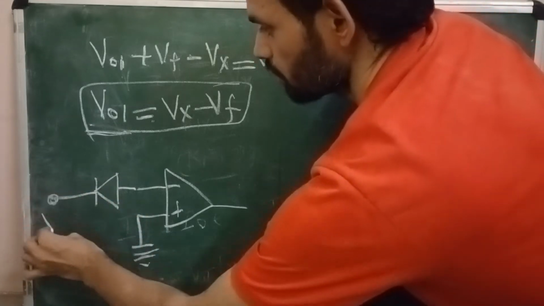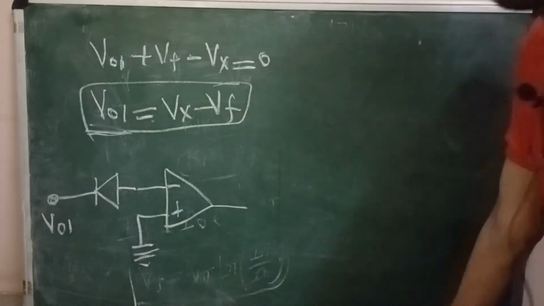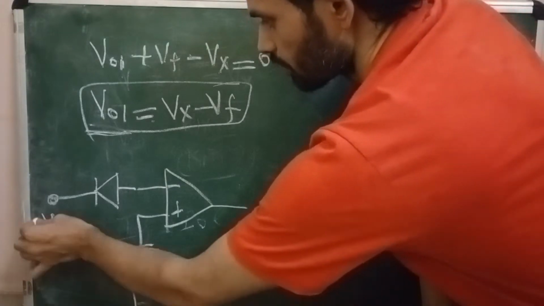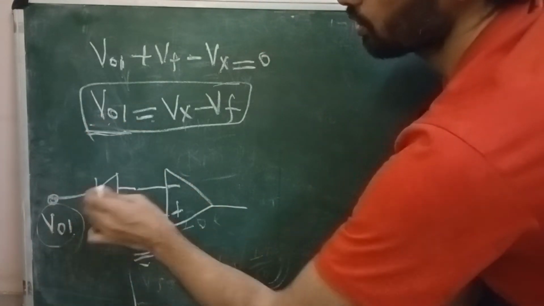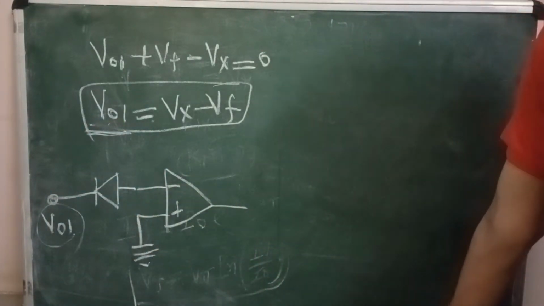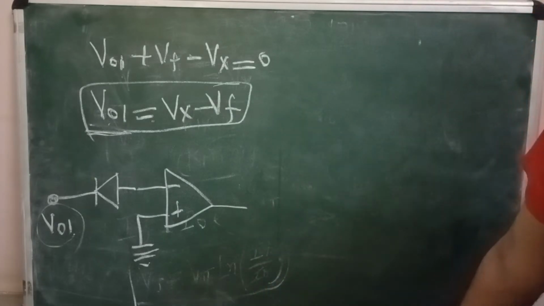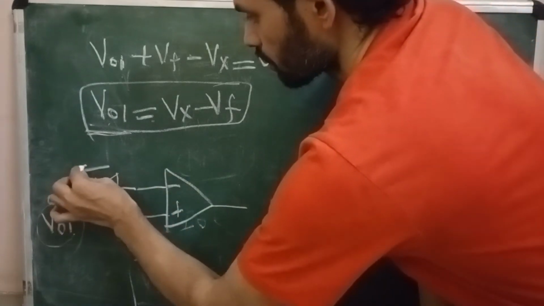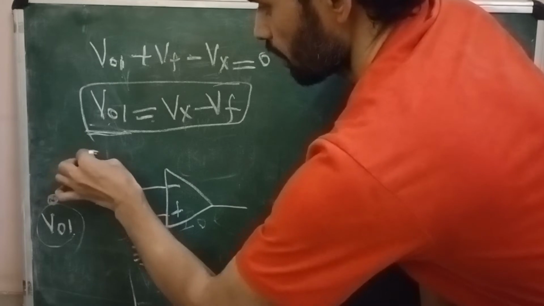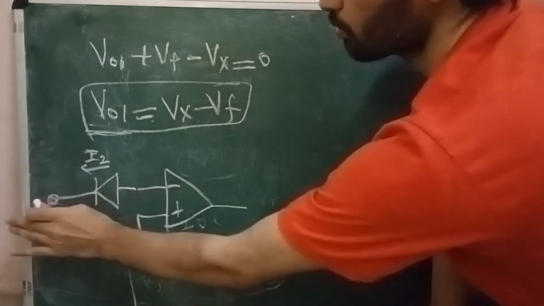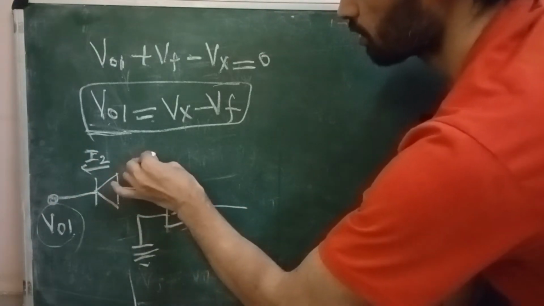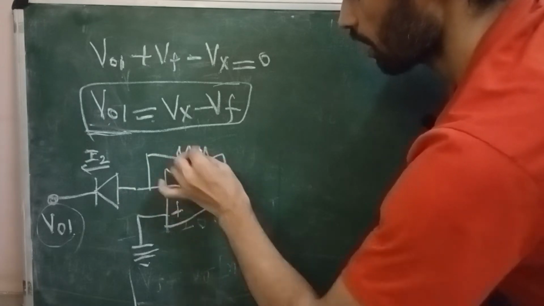This is my V01 that we have found. Here a current I2 is flowing like this. This is the feedback resistor R2.